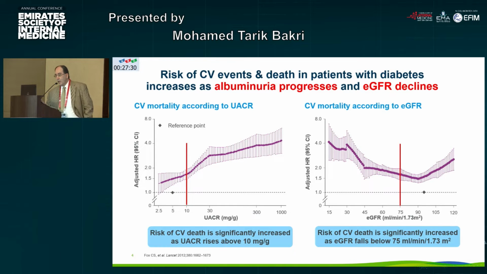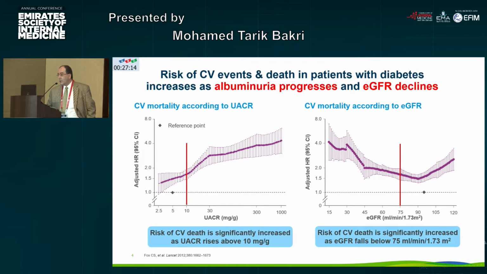If we look at the urine albumin creatinine ratio, starting at 10 milligram per gram, we start seeing an increase in cardiovascular mortality, and it continuously goes up.